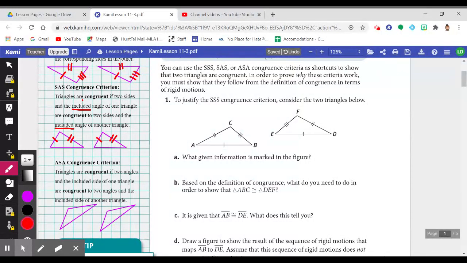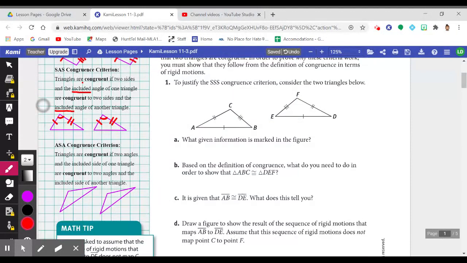Well, it's really the angle that is a part of the 2 sides that are marked. So this angle in the top, I guess you would say, of the triangle would be considered the included angle because it's a part of both sides here that are congruent to corresponding sides in the other triangle. So this is one representation of side angle side.